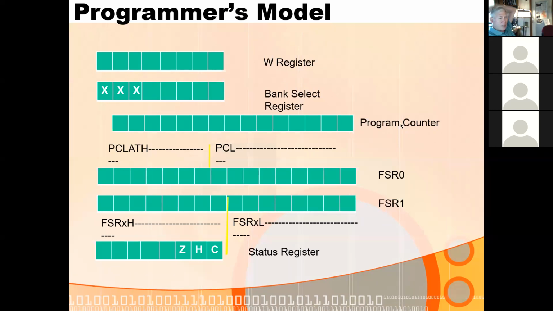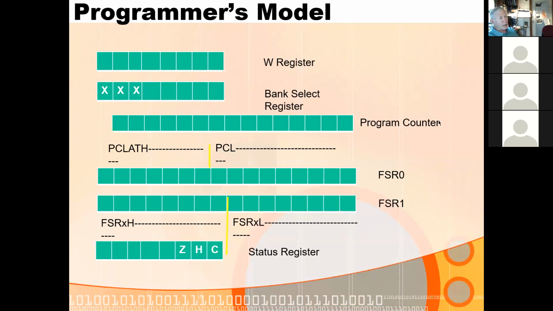But other than those 16 memory locations that are called common RAM and the core registers, which are the ones that are mapped in every bank, all the other special function registers, you must have the right bank address specified. And all other random access locations, you must have the right bank select register specified.